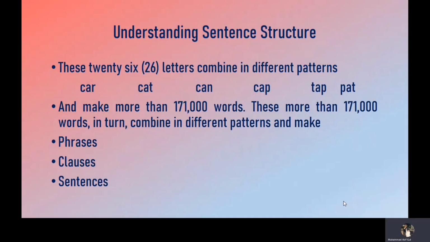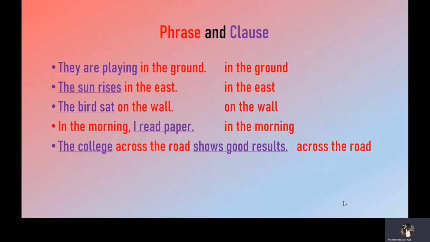Let's see what we mean by phrases and clauses. Here we have a few sentences. They are playing in the ground. The sun rises in the east. The bird sat on the wall, and so on.